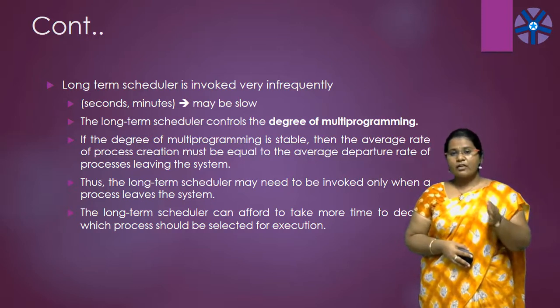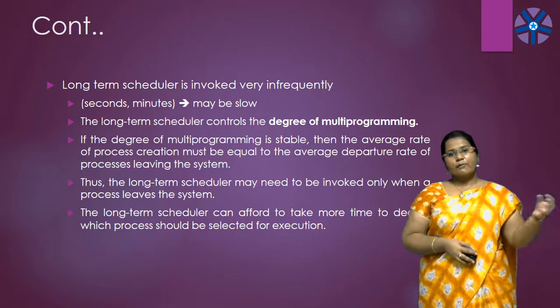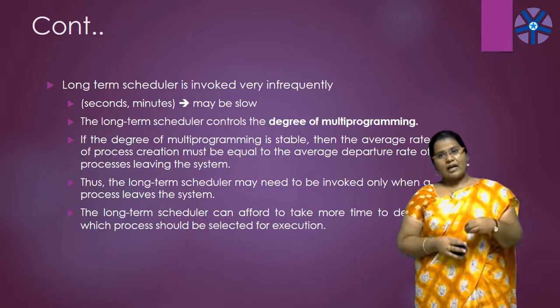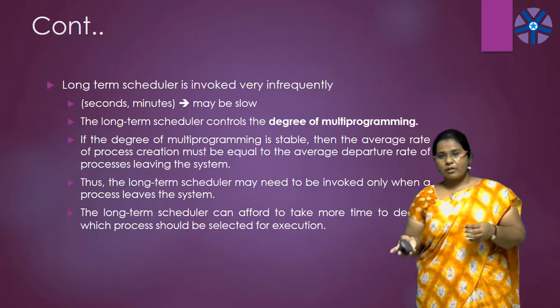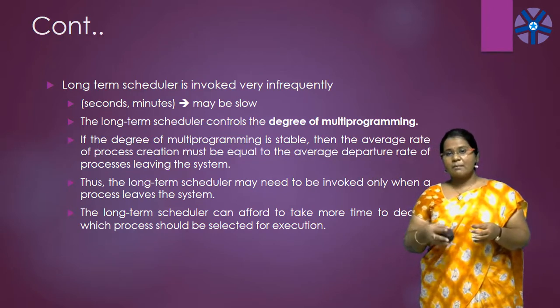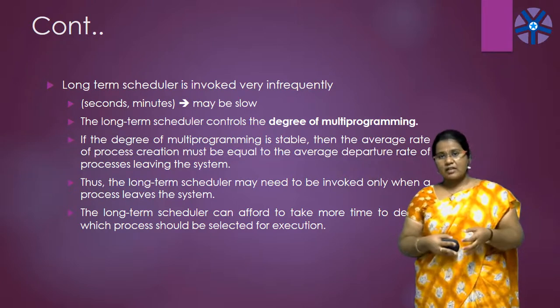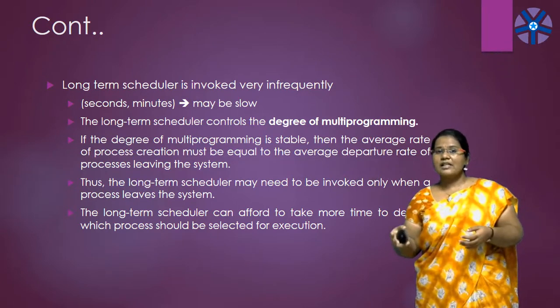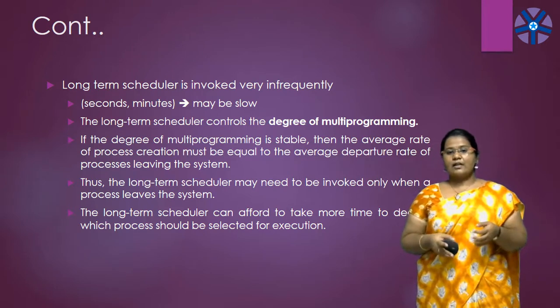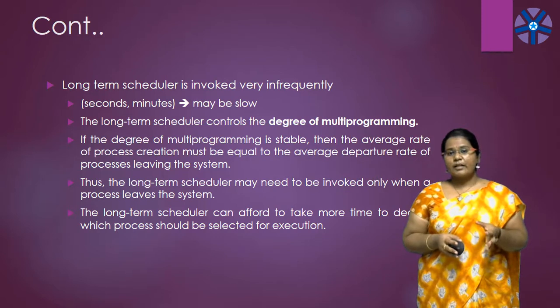Say for example, if your degree of multiprogramming is stable, in the sense the number of processes created is equal to the number of processes that are completing their execution, that is, process creation rate is equal to the process departure rate, then the degree of multiprogramming is said to be stable.